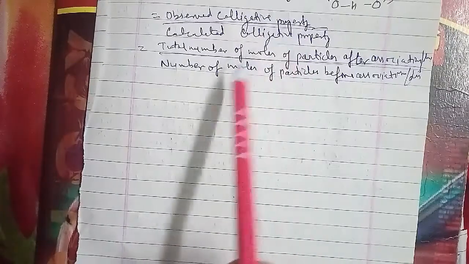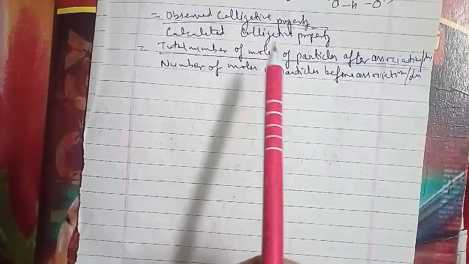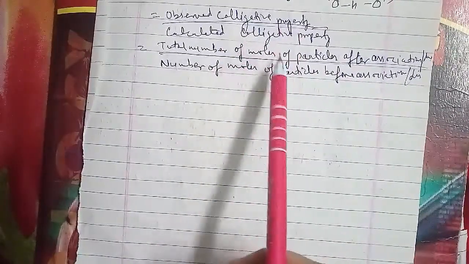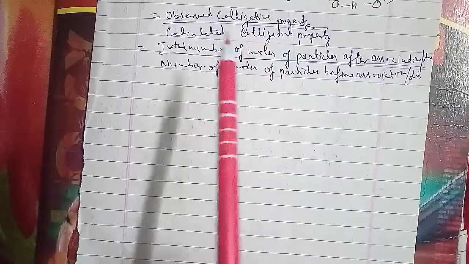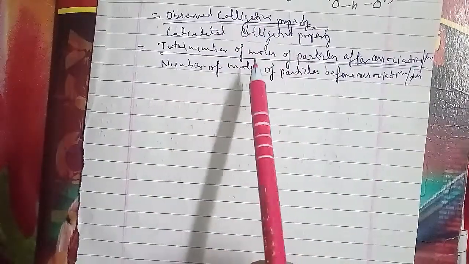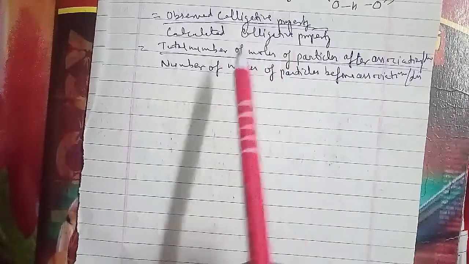Here, for several strong electrolytes like KCl, NaCl and MgSO4, i approaches 2 as the solution becomes very dilute, and as expected the value of i gets close to 3 for K2SO4.